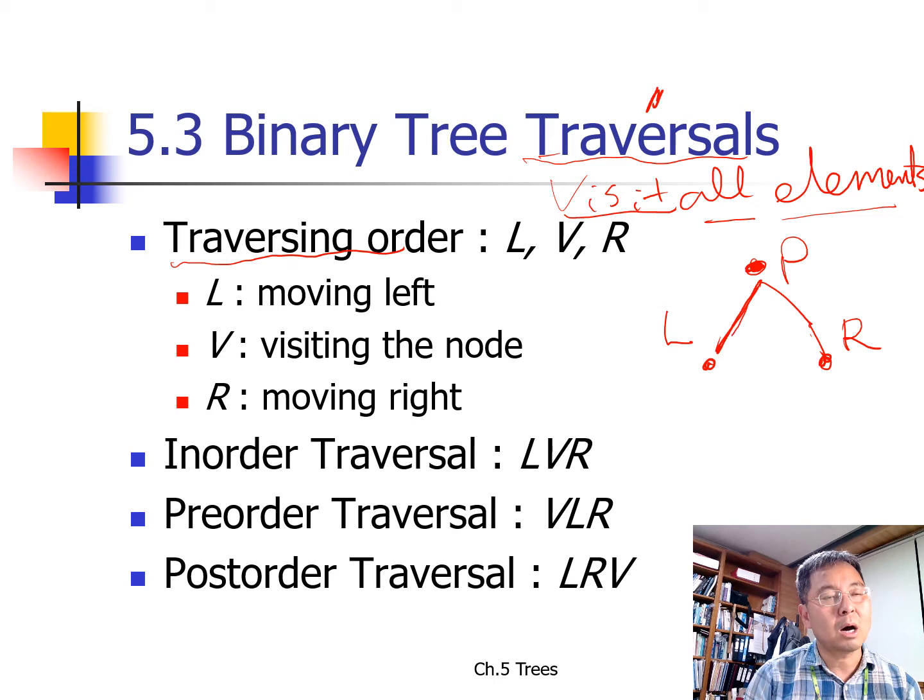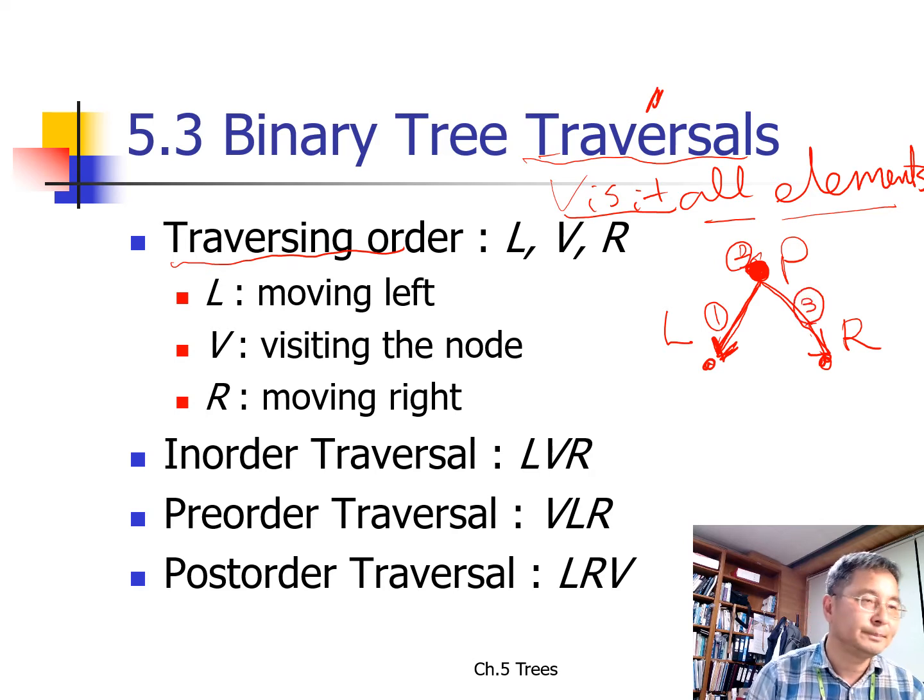So if I visit the left tree first, then going left, after we finish left, we can read the value or process the value in the parent, and then go to the right subtree. So this one is first, value is second, right subtree is third.